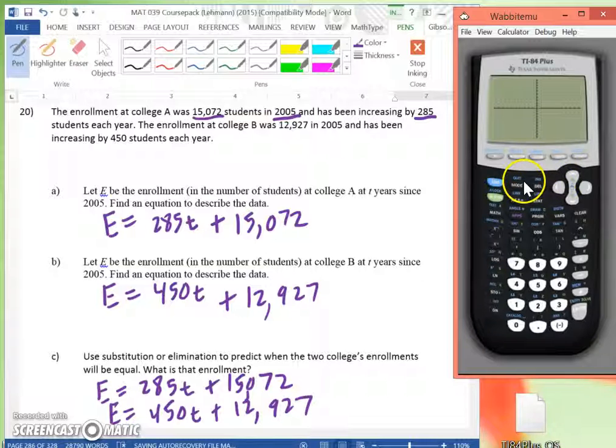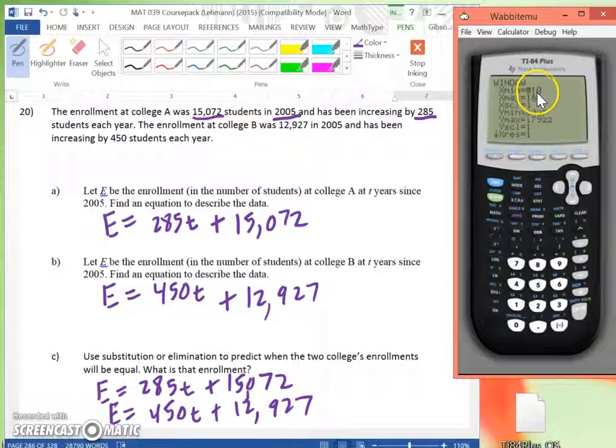Okay, now if you notice here that the graph does not show, so we could go to zoom, then go down to where it says zoom fit, and press enter. Now with zoom fit, if you notice here, it's not showing where they intersect, right? So then we have to take it a step further and go to the window.